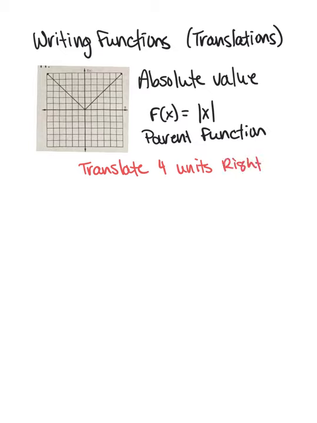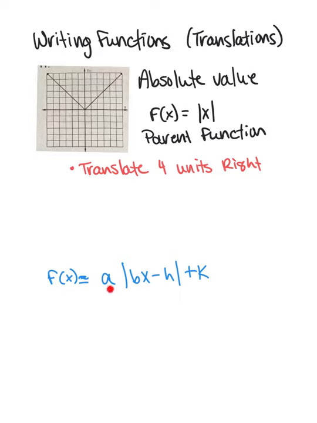If I remember correctly, to translate to the right, I need to know where in my equation this goes. So my translated function is f of x is equal to a times the absolute value of bx minus h plus k. A, b, and h are my generic terms that tell me what's happening.